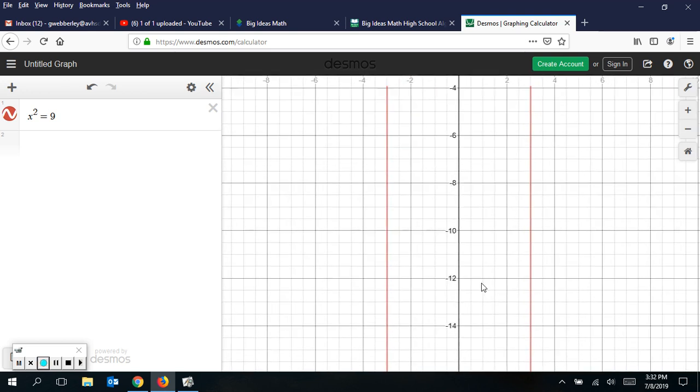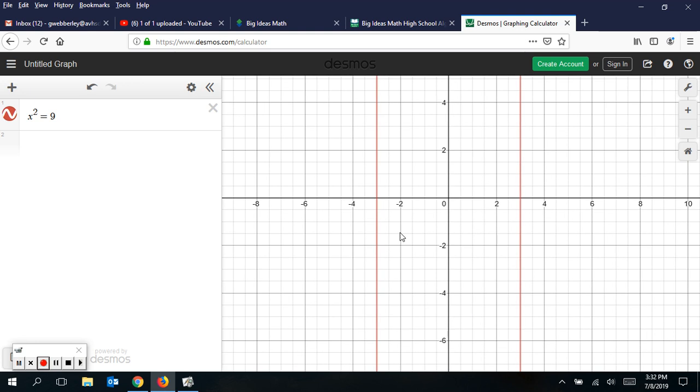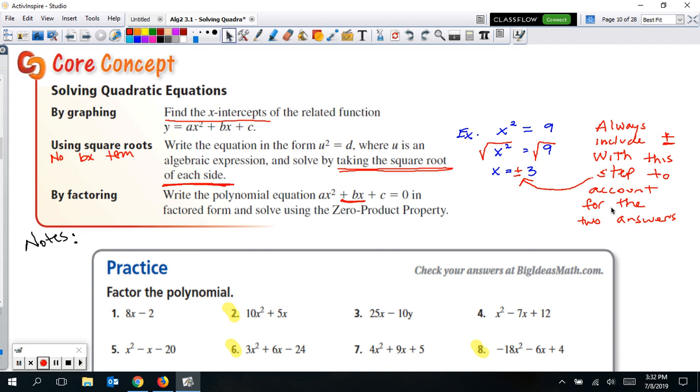Okay, so you can see the vertex is down there, but look at where the x-intercepts are. There's one x-intercept at -3. The other x-intercept is at +3. So right there it shows you have not just the 3, but you have also -3. So that's plus or minus 3 for this. So that's why you always need to make sure you account for the two solutions where it's going to cross through your graph in two places, +3 and -3.